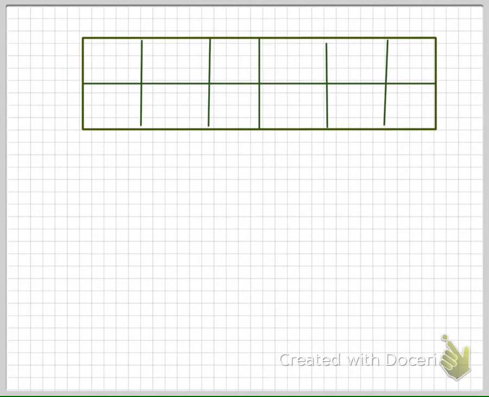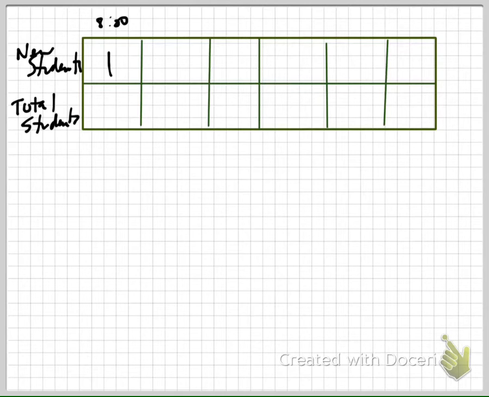So here's the deal. Let's make our table. At 8 a.m., the number of new students who hear, and the total students who know. At 8 o'clock, how many people hear the news? 1. How many know the news? 1. At 8:15, how many new students hear the news? 2. How many total students know? 3.